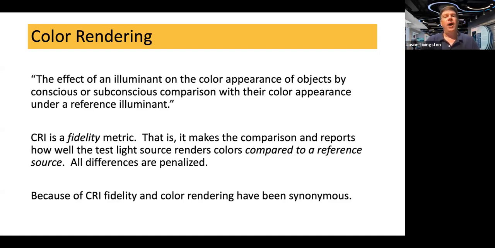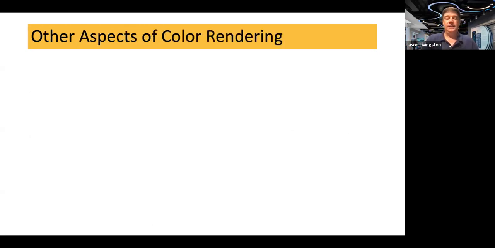And because of that, and because CRI was introduced in 1965, over the intervening 58 years, color rendering and color fidelity have come to become synonymous simply because we've only had one color rendering measuring system and it measured fidelity. But there's more going on.